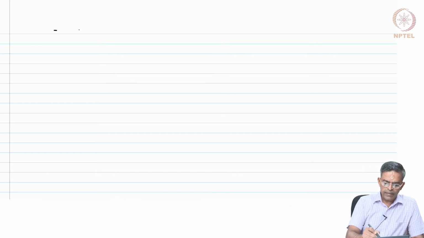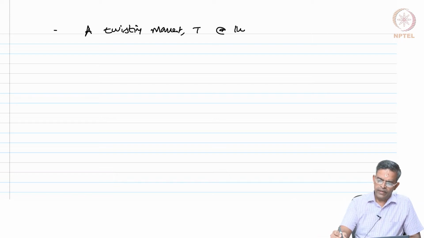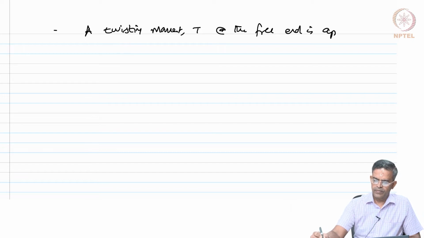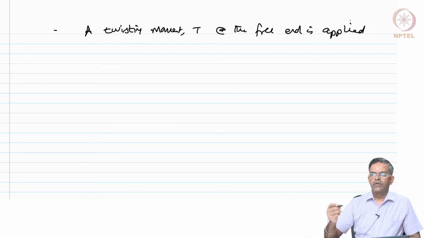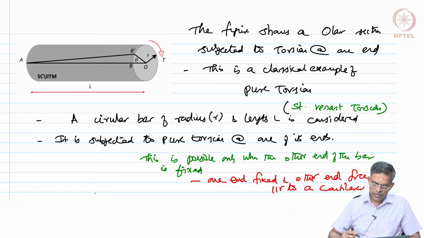Now, we are applying a twisting moment of magnitude T at the free end. This simulates a cantilever beam as well, we have to keep it in mind. Now, under the influence of this torsion, an initial point is shifted to a new position. See this figure?